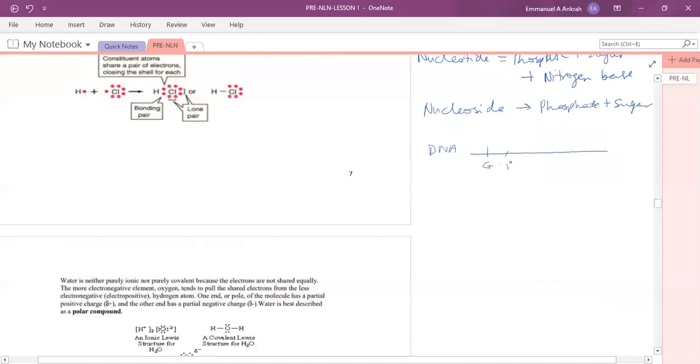G, T, A, C. Then let's say I have another C, T, and A. Now it could be asked to transcribe this to RNA.